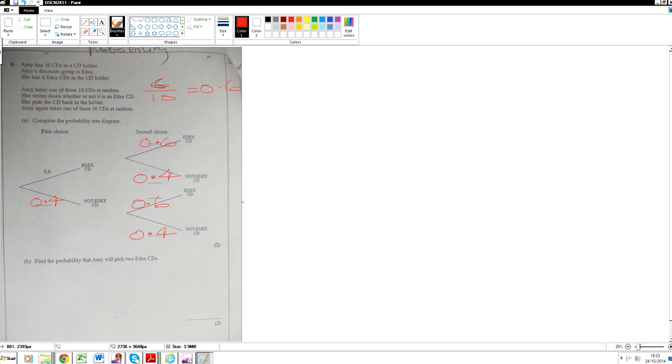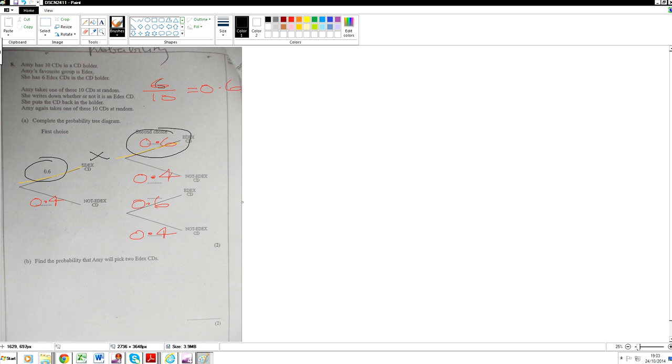Now the question says find the probability that Amy will pick 2 edX CDs. That means she picks the first one followed by a second one. So it's going to be 0.6 multiplied by 0.6.